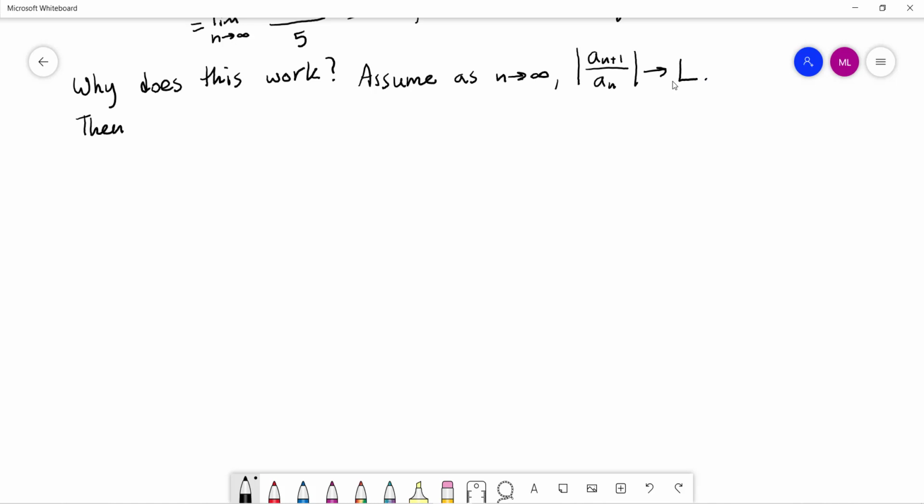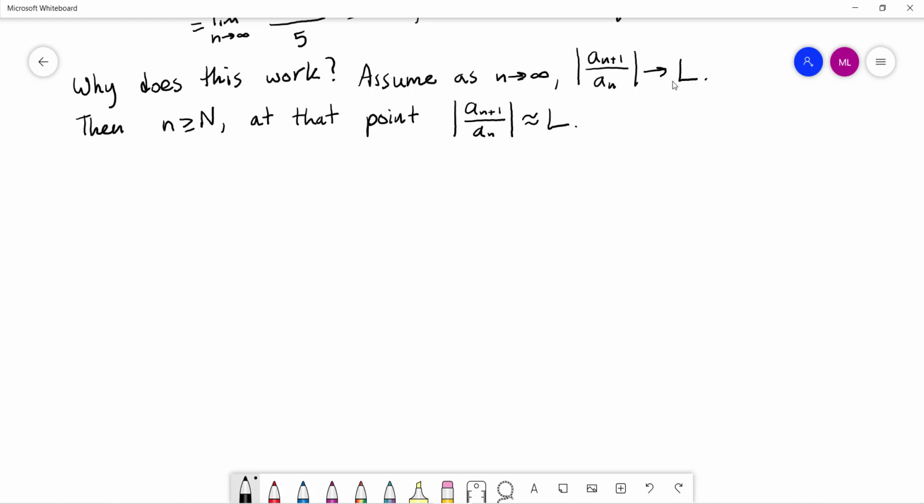So what I'm saying is if n is a large number, greater than or equal to some capital N, at that point we're close to converging. At that point we might say that the ratio a sub n plus 1 over a sub n is not equal to L, we're approaching L, we're not there, but maybe it's about L.